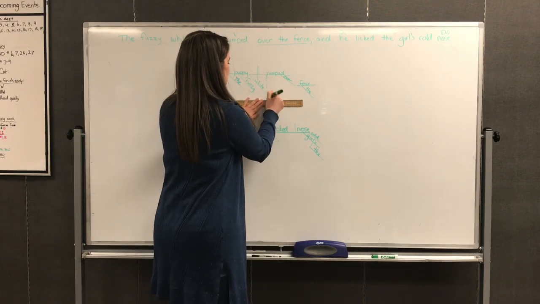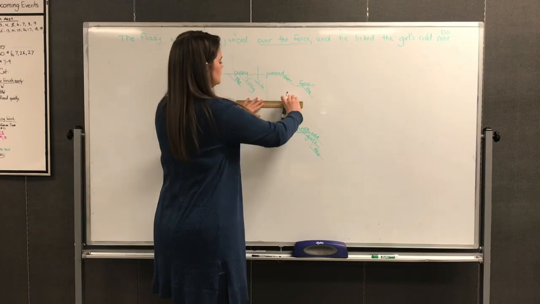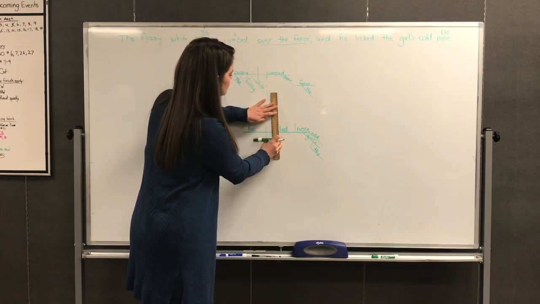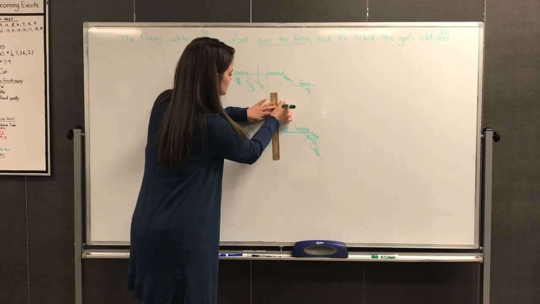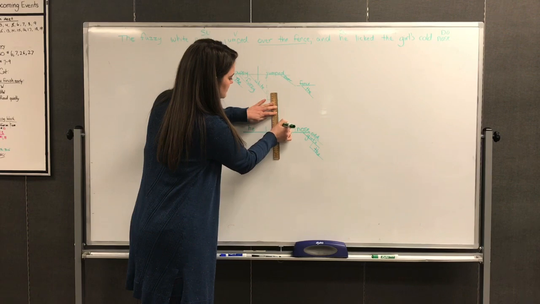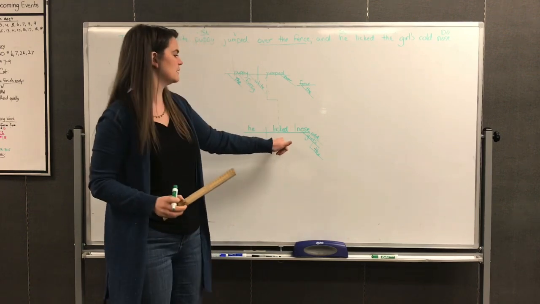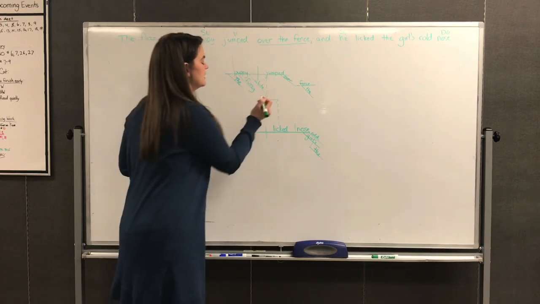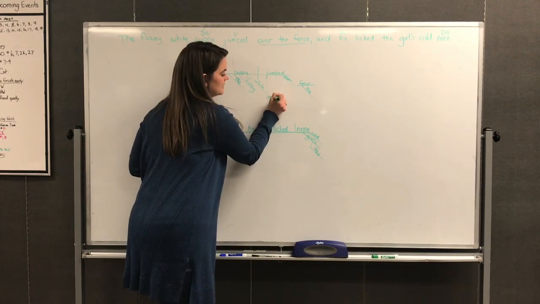And then we're going to draw a horizontal solid line there. And then another set of vertical dashed lines. And because it's going to go right into my word licked, I'm just going to leave it above licked and not draw it down in there. And then up here we write and.